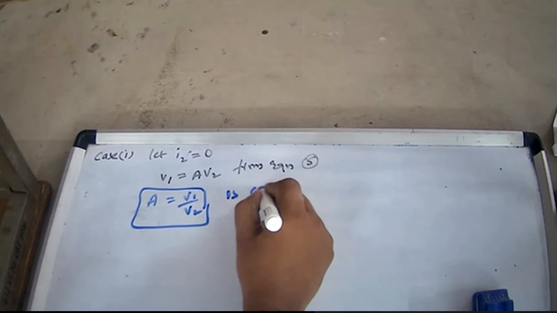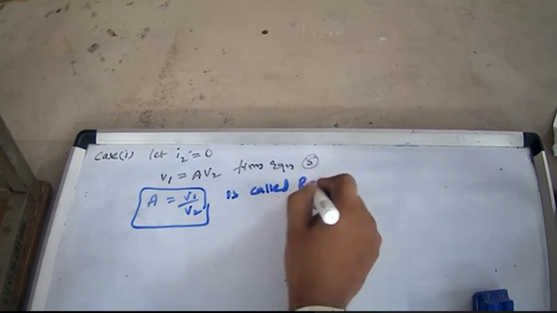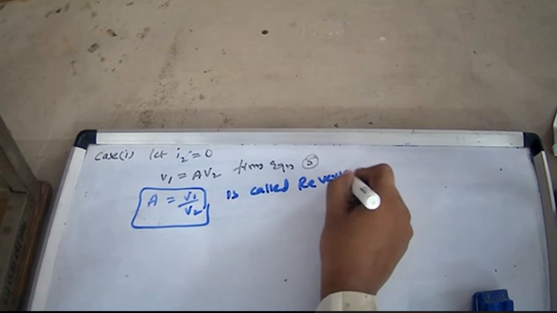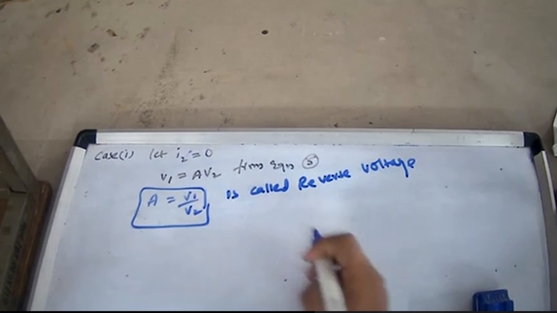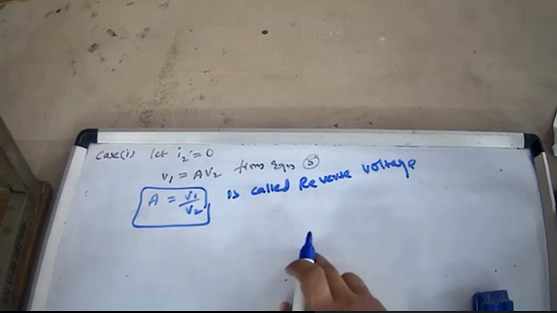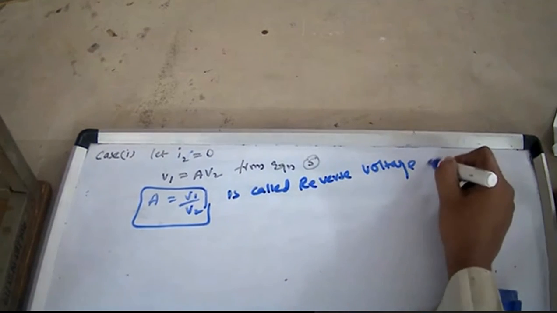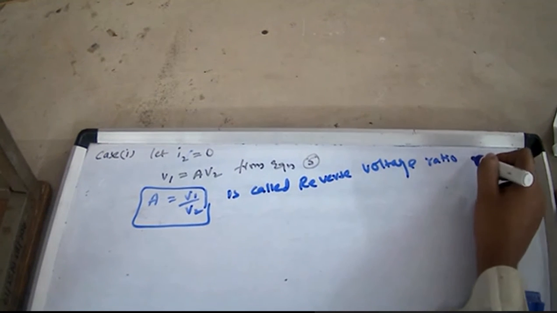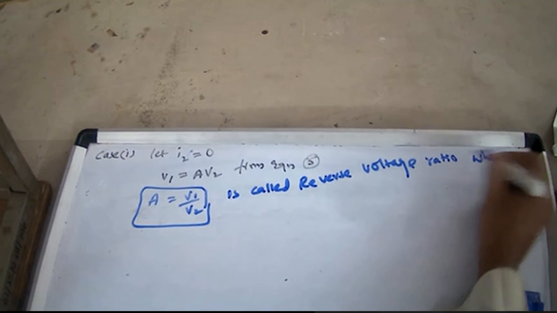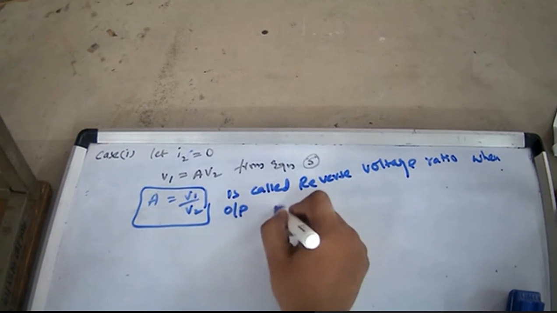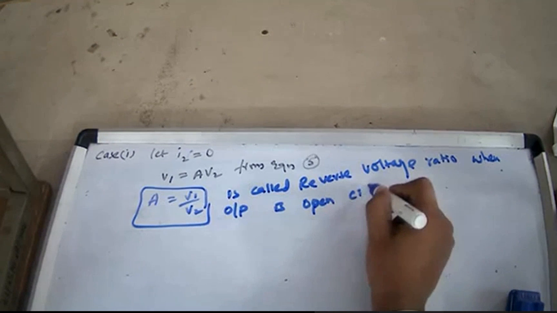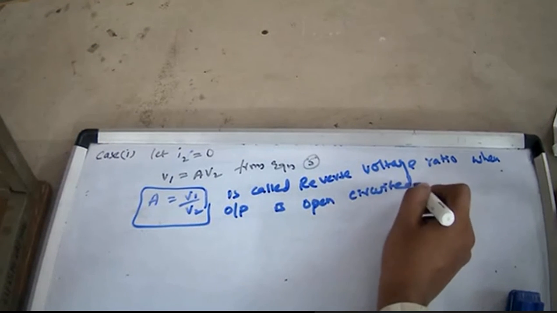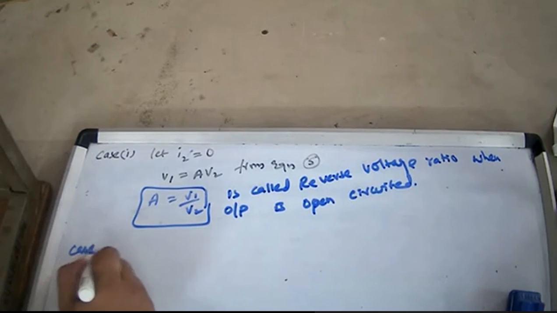Therefore, A is called the reverse voltage ratio, whenever we get V1 by V2, when the output is open circuited.